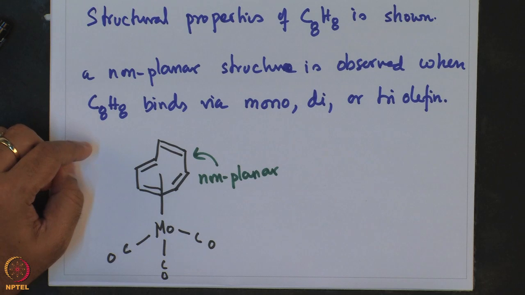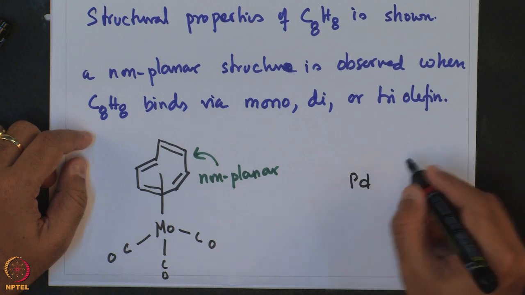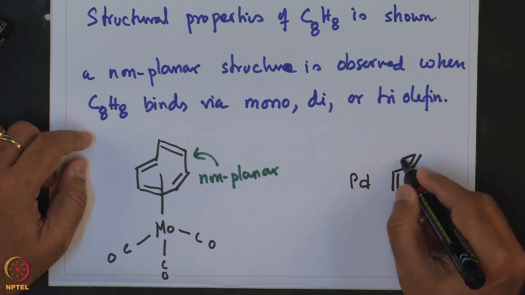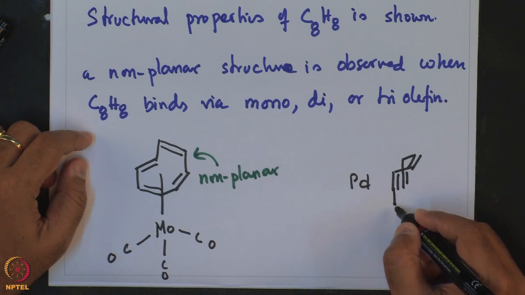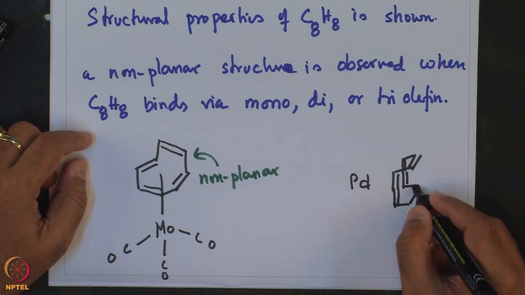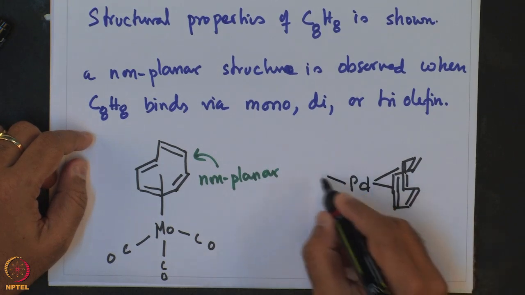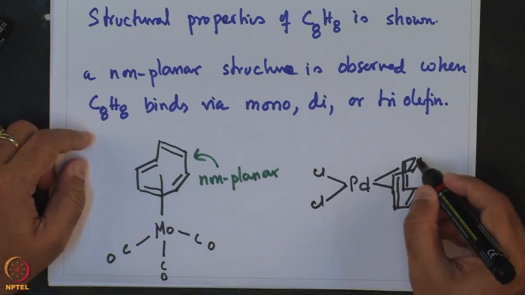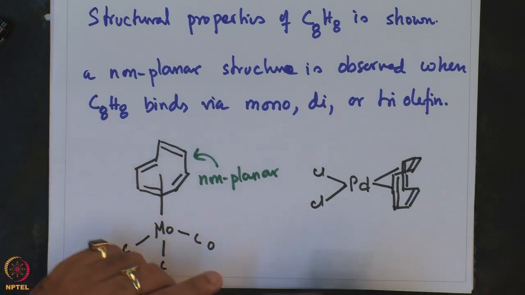Similarly, in cod palladium dichloride, the C8H8 ligand is also non-planar and tub like.